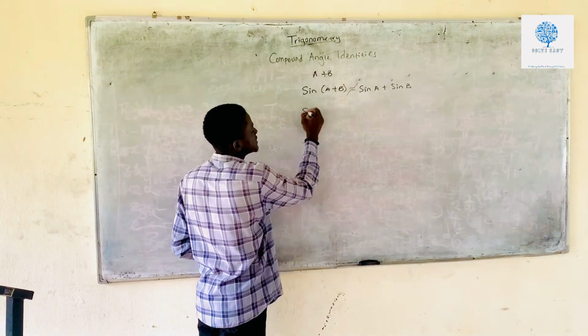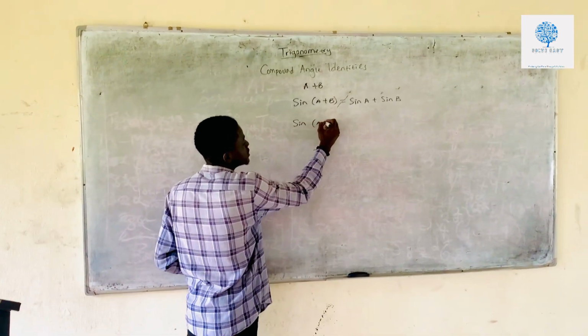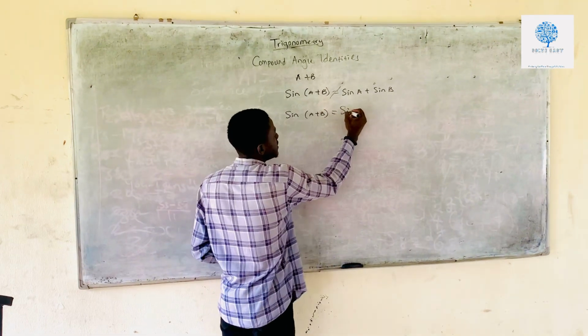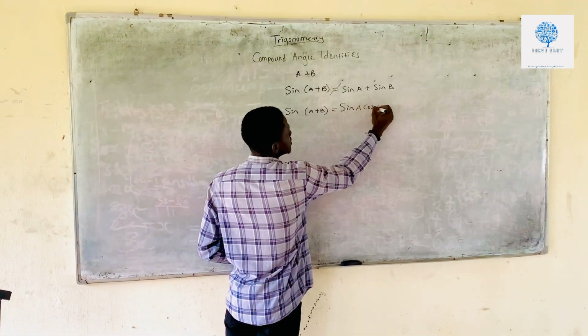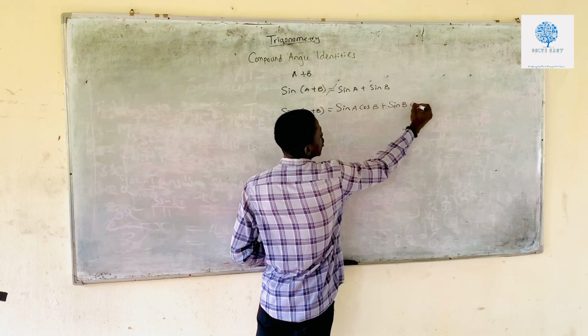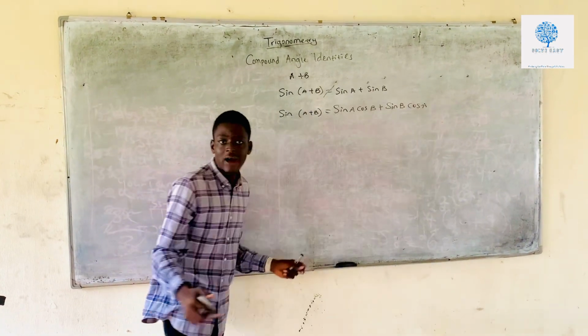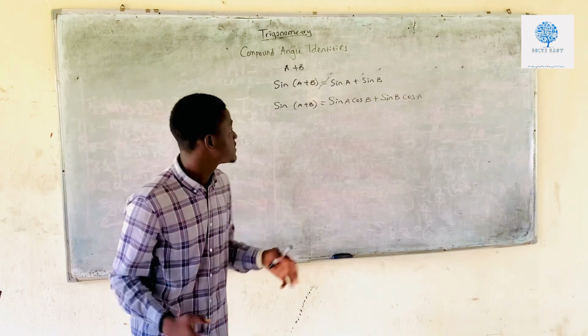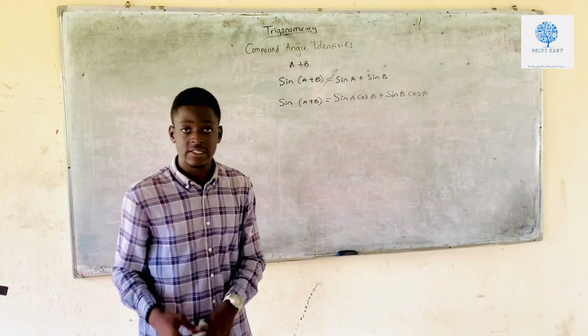We say sine (A plus B) will definitely give us sine A cos B plus sine B cos A. So this is how the distribution is done for trigonometric identities under compound angle identities.